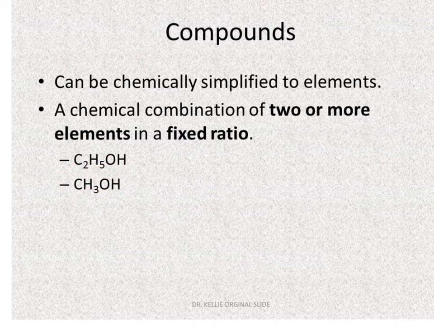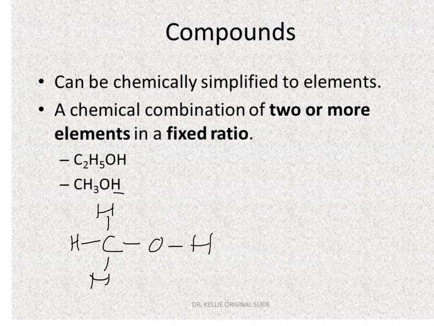And when we write a compound, such as methanol, like this, we're telling the person reading how the compound's put together. We're telling them that, hey, 3 of those hydrogens are attached to the carbon, but that last hydrogen is attached to an oxygen. So a compound's formula can often provide structural or connectivity information.